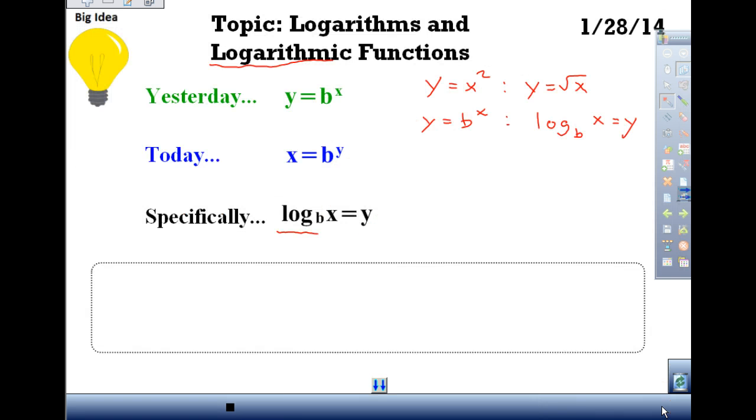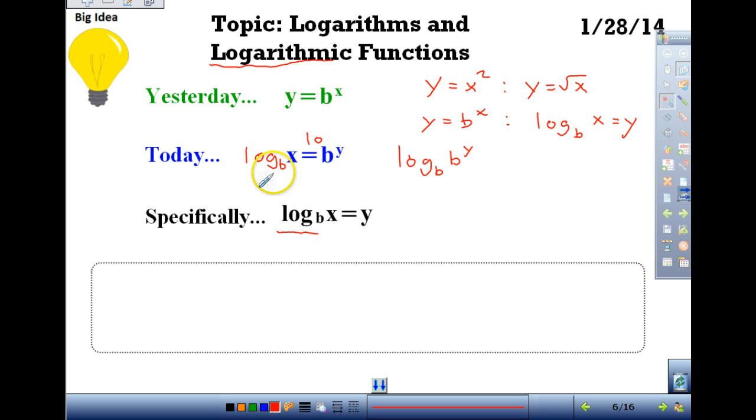Now, specifically, what does this log function do when you take the log of both sides? So the log of b to the y, and the base is b.